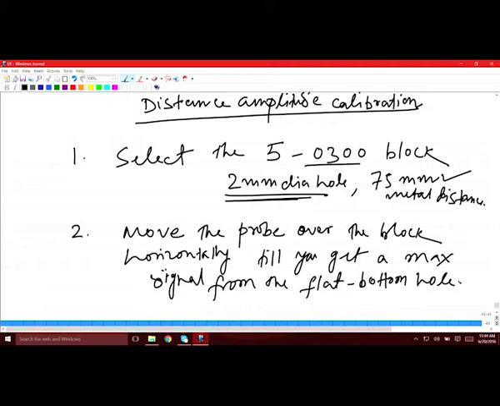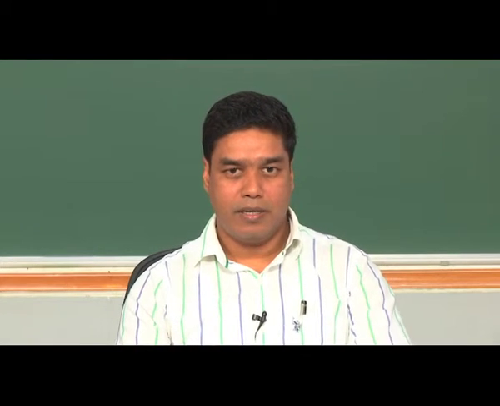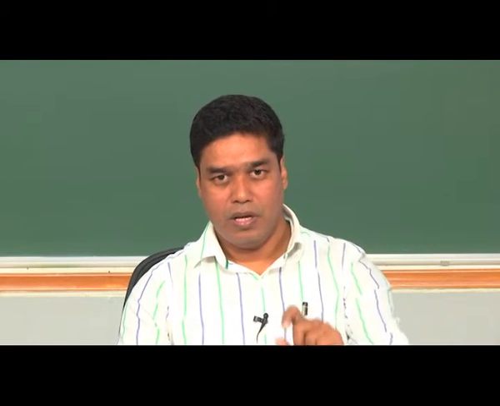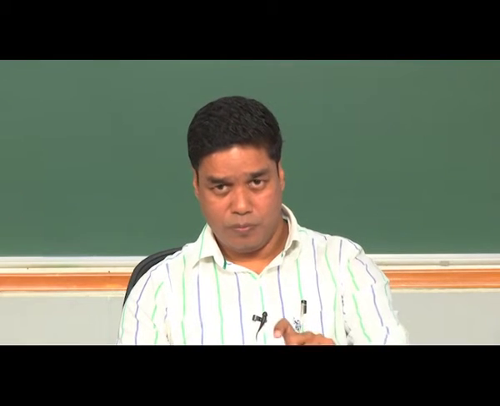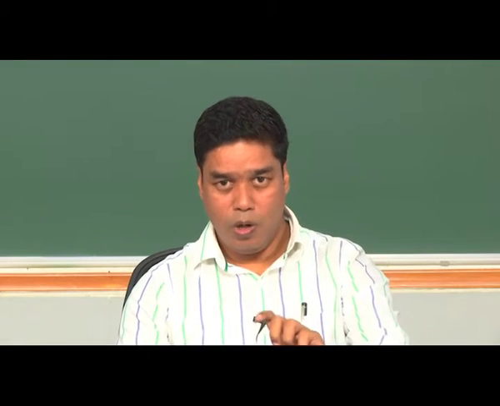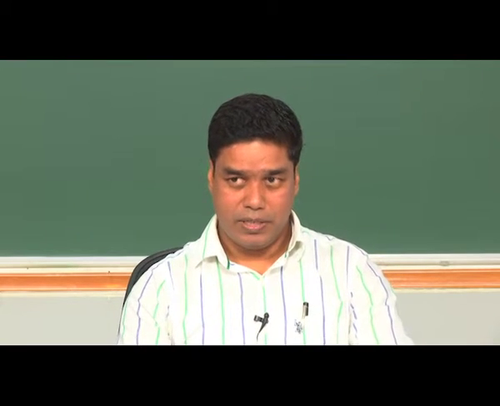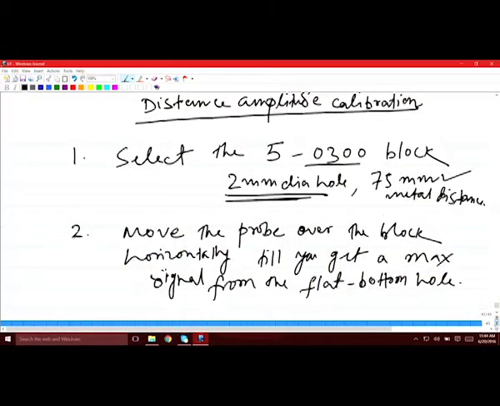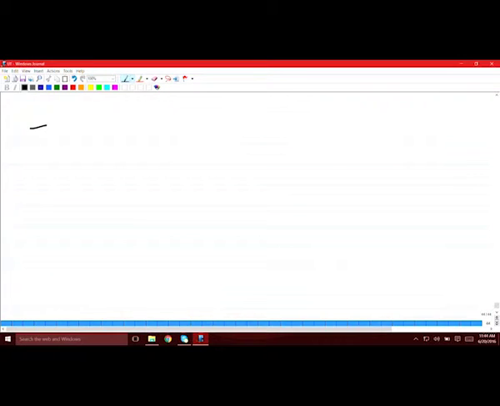Okay. So, you have to move it because you need to get the maximum signal out of this flat bottom hole. That means, your ultrasonic transducer probe should be right above the hole, so that you get a maximum signal. Okay. And once you get that maximum signal, you need to adjust it to 1/4 of the maximum height, and that you can do by adjusting the gain control that you have in the instrument.